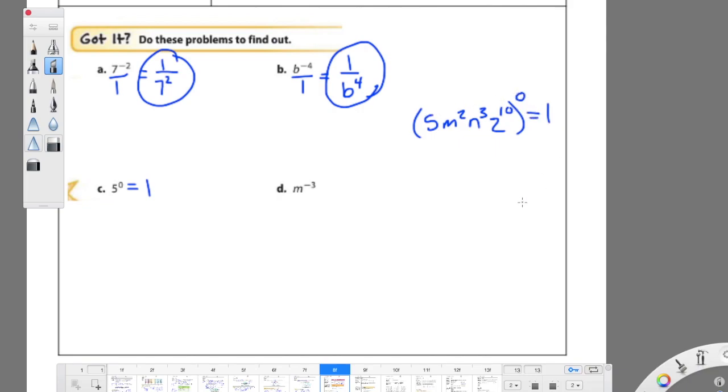Doesn't matter how many things are raised to 0, it means 1. But if only one of these had a 0 power on them, then we'd only apply it to the 1, okay? I'm definitely getting a little more complicated here by showing you that one. But I've seen that where it's a very long, complicated looking problem, and they put a 0 on the outside of the parentheses, which really just brings us back to this very basic rule. If it's to the 0 power, it's 1.